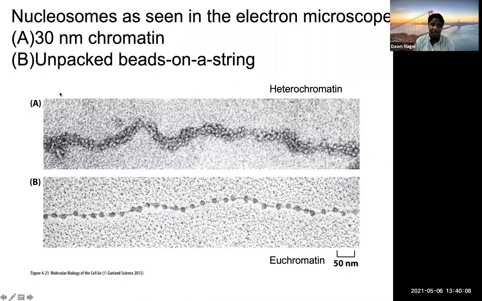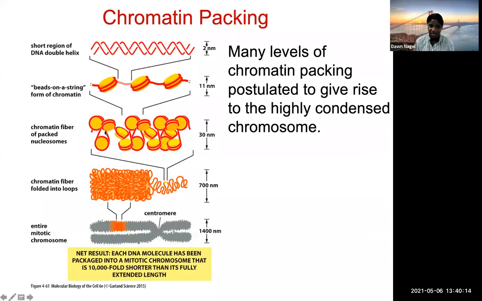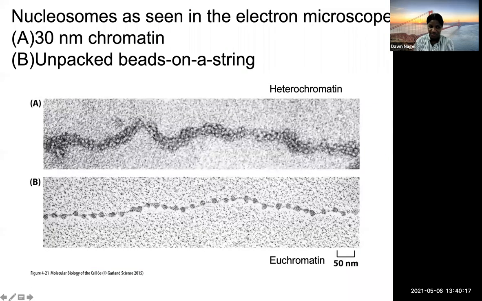So you have, in this case, a 30 nanometer chromatin structure, which looks like this one, right? You can see that they look kind of compacted compared to B, where it's less compacted, right? So you see the individual nucleosomes next to each other, okay?